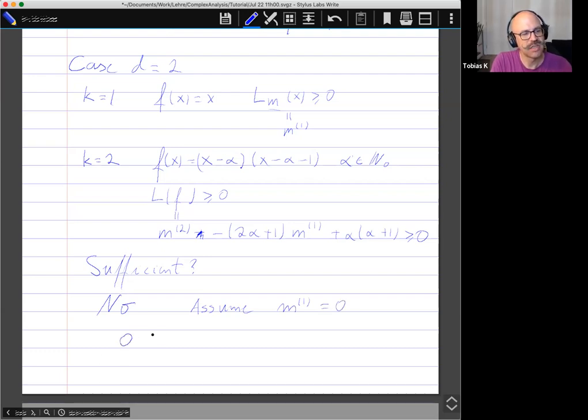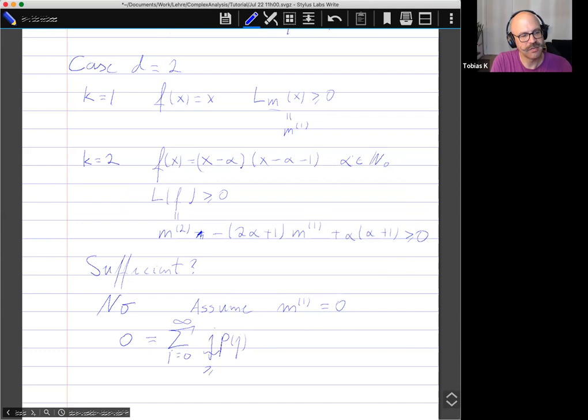It means that 0 has to be equal to the sum j equals 0 to infinity of j p of j. But j is non-negative and p is non-negative, so it means that j p of j is equal to 0 for all j element of N. Notice here I have no 0.